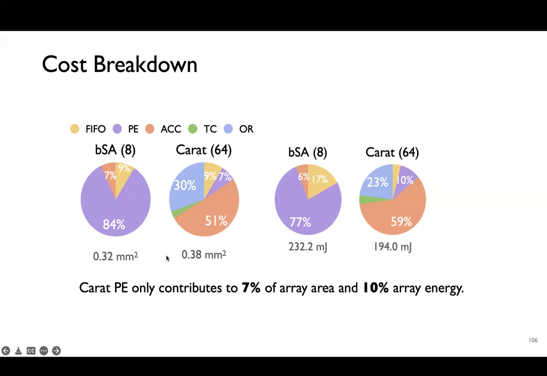Do you see similar percentages as you look at larger array sizes? Yeah, so definitely if you increase the number of rows in your array, but the accumulator is more of a parallel thing, so it scales at a similar rate with your row size, and it's hard to scale column wise because that depends on the mantissa width. Okay. Thank you.